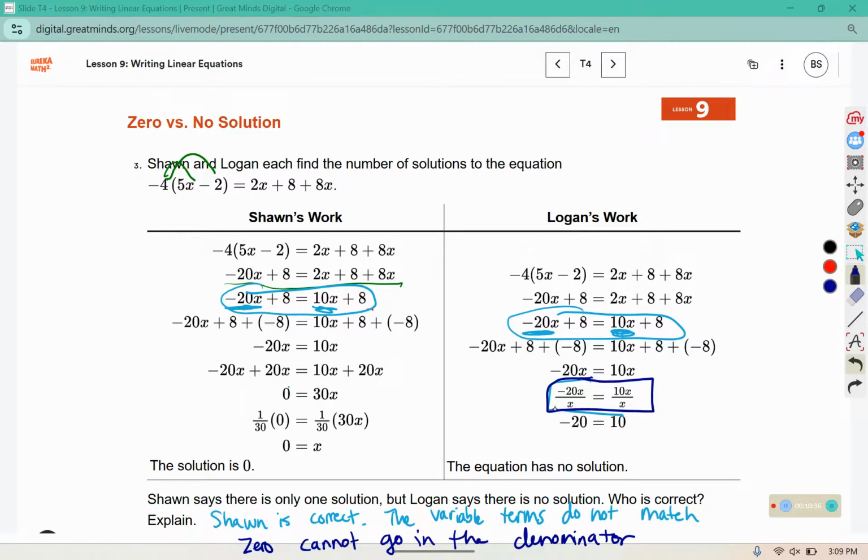And so dividing by 0 is not an option. So since at this point we don't know what x is, we can't divide by it because we're not guaranteed that it's not equal to 0. And you'll see here that it is, in fact, equal to 0. So we can't divide by x unless we are 100% sure that x is not 0. Sometimes they'll provide that information in the situation where it will say x is not equal to 0 up at the top before you start the problem, but in this case it is not.